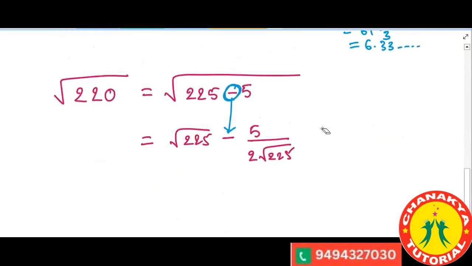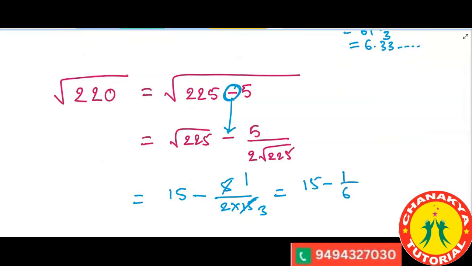Now simplify and tell the answer. Root 225 is nothing but 15 only. 15 minus 5 by 2 into 15. So 5 one time, 5 3 times. 15 minus 1 by 6, which is nothing but 14 and 5 by 6.